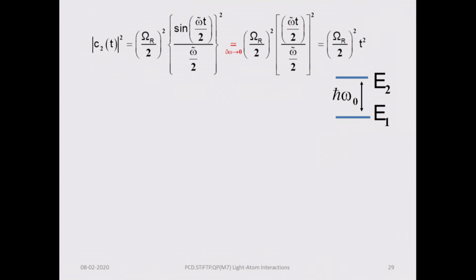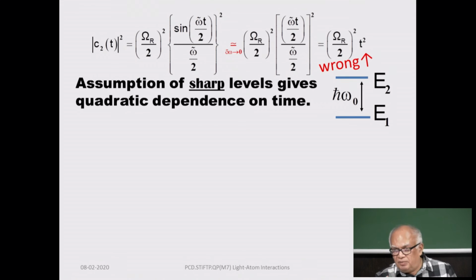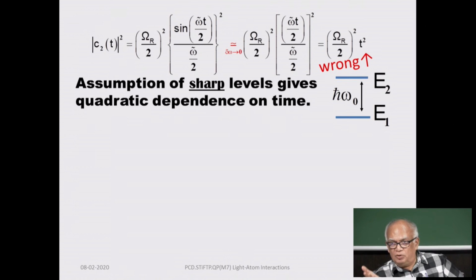Now, this is strange. This is really strange, because what you are getting is that the probability is going quadratically with t, right, t square, and this is obviously wrong, because when we discussed time dependent perturbation theory, and I have it in some other NPTEL lectures which you can look up, we used the Fermi golden rule to determine the transition probability from a ground state to the initial state.